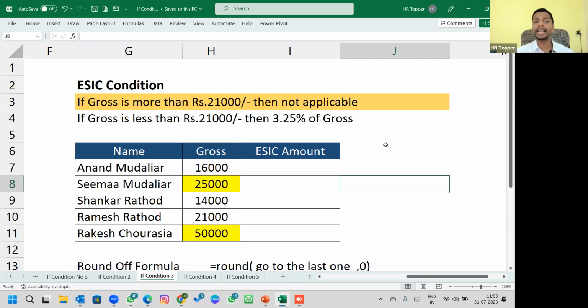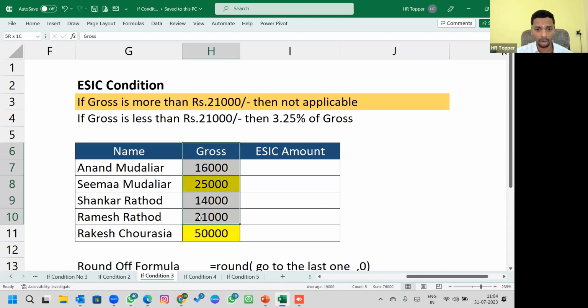Automatically it says that if it is less than 21,000, then we have to deduct ESIC. But how much do we have to deduct? 3.25 percent. So there are two conditions. If more than 21,000, do not deduct. But if it is less than 21,000, then deduct 3.25% from the gross.